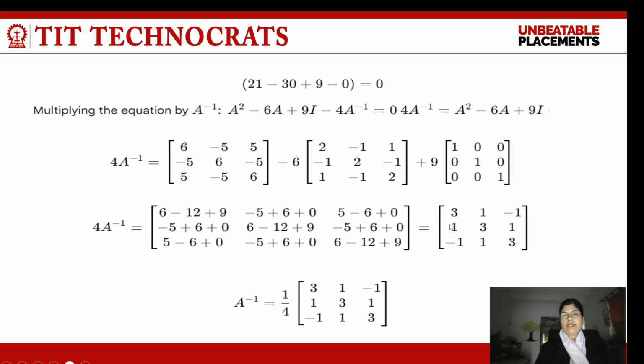After solving we get 3 1 minus 1, 1 3 1, minus 1 1 3. So A inverse is equal to, now cross multiplying 4 here, we get 1 by 4 times 3 1 minus 1, 1 3 1, minus 1 1 3.